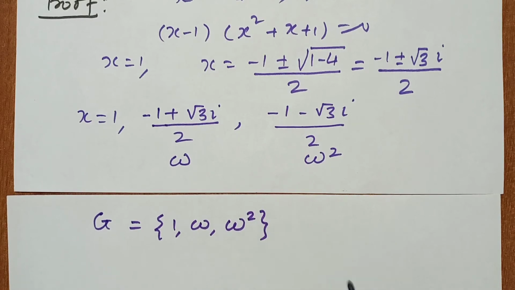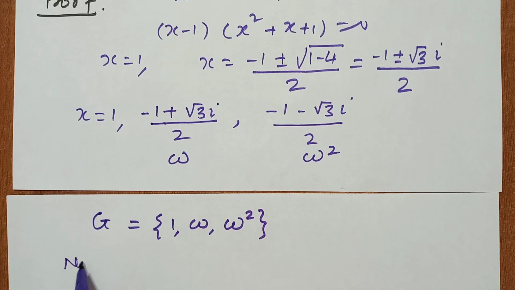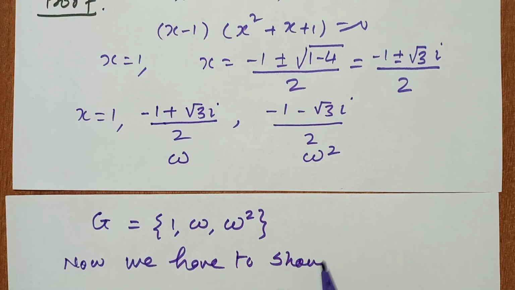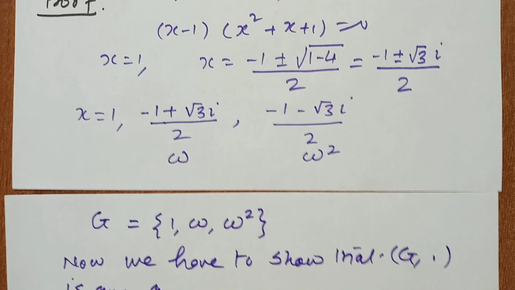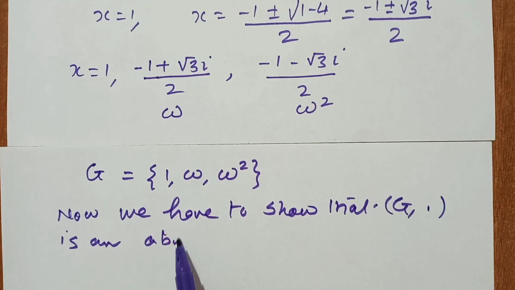Okay, now we have to show that (G, ·) is an abelian group.